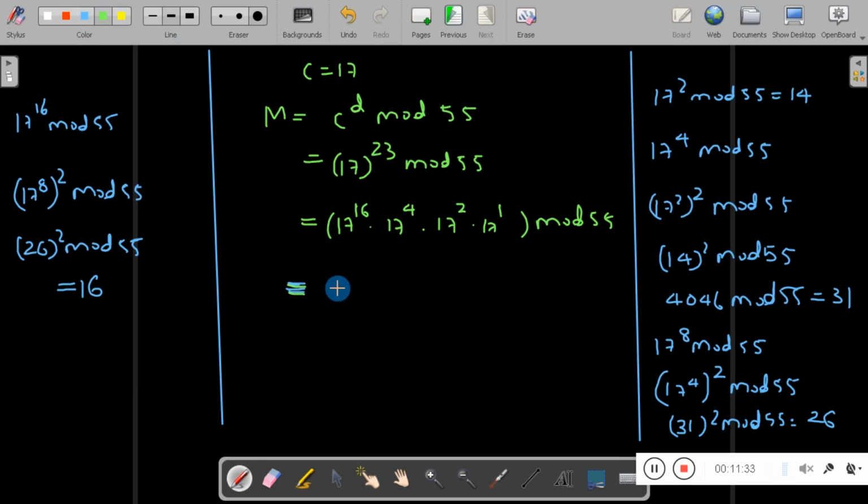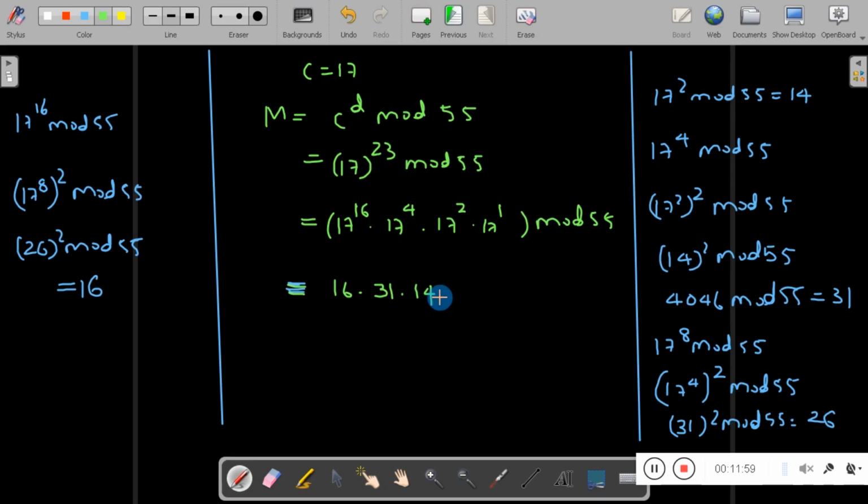So this is nothing but 16 times 17 raised to power 4. 17 raised to power 4 is nothing but 31. 17 raised to power 2 is nothing but 14.